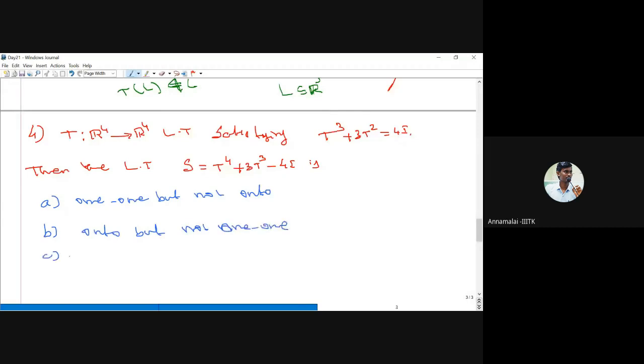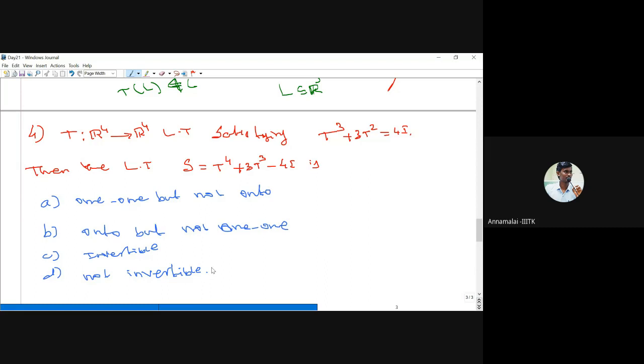The third option: invertible, that is both one-to-one and onto. And the fourth option: not invertible. Okay, so this is the question.